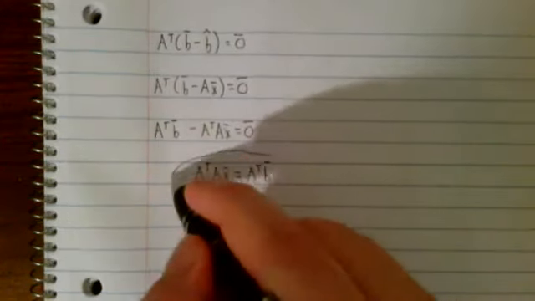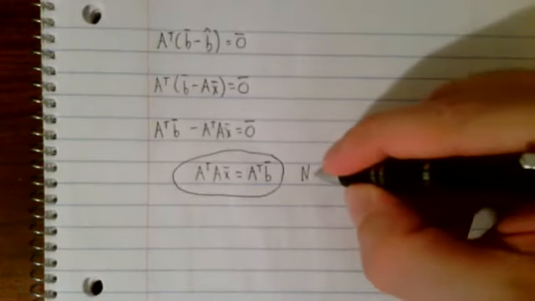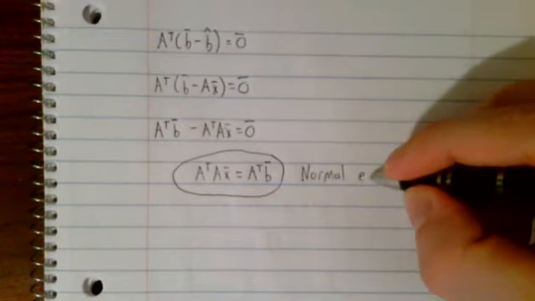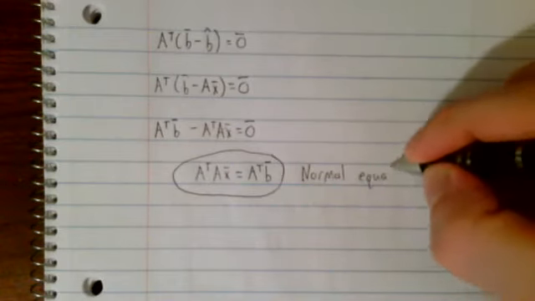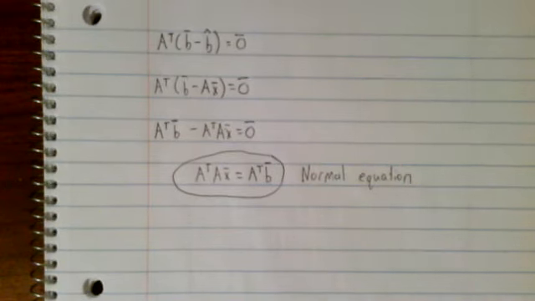This is the normal equation. And to find least squares solutions, you solve the normal equation.